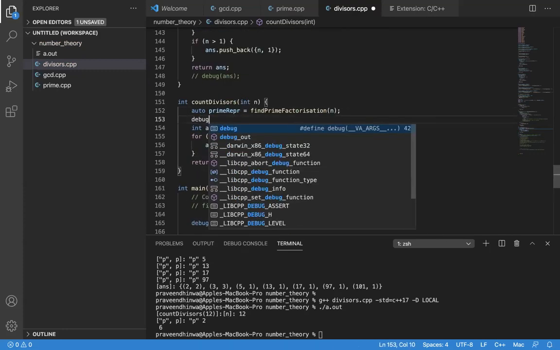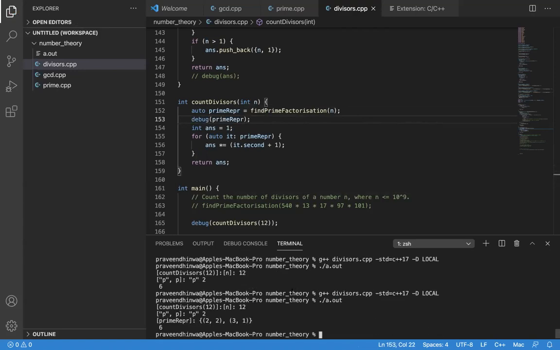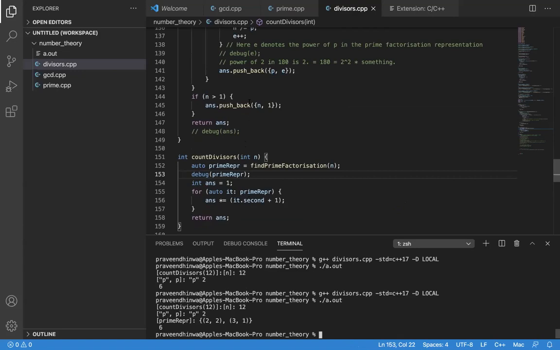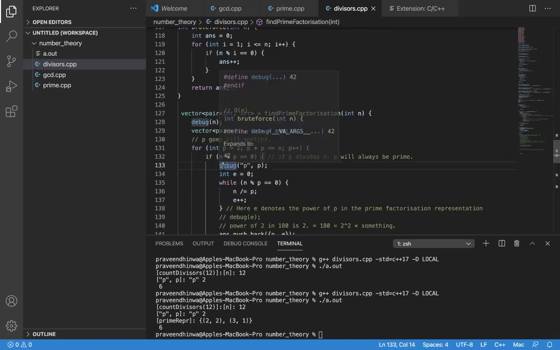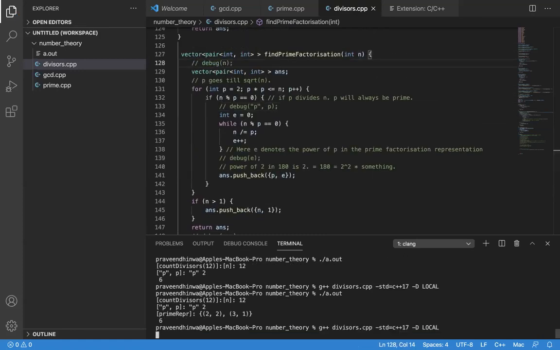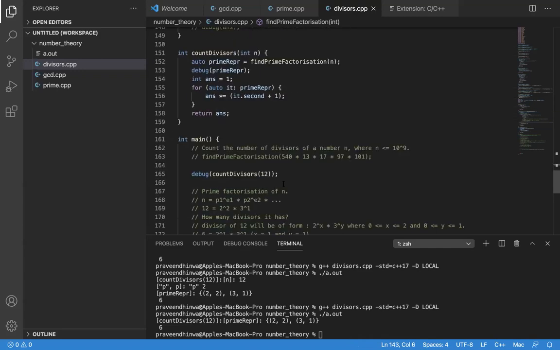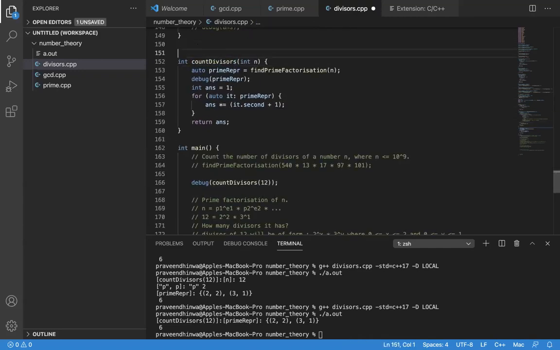Let's print the prime representation, and remove some extra debugging. You can see that its prime representation is 2, 2, 3, 1. So you multiply 2 plus 1 times 1 plus 1. What will be the time complexity of this count divisors function?